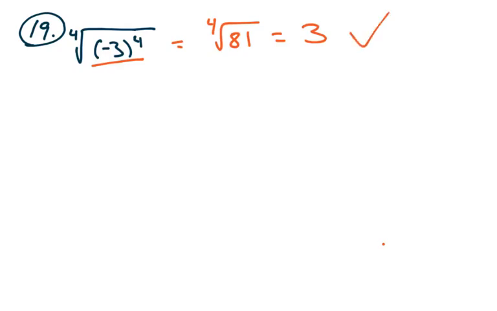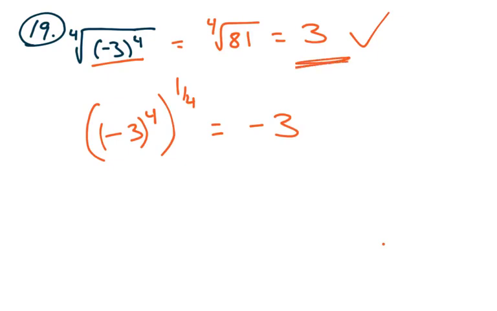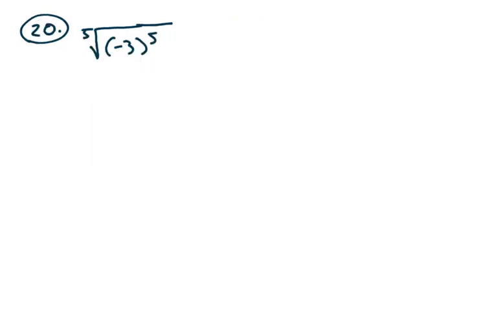What I was thinking about is if I wrote it as such and solved, I would get negative 3, right? So now the question begs, is it 3 or is it negative 3? The answer is it is technically both, but because I said what is the principal root, the answer is 3. Okay, so here, I'm going to say this is 3 because I was asking for the principal root.